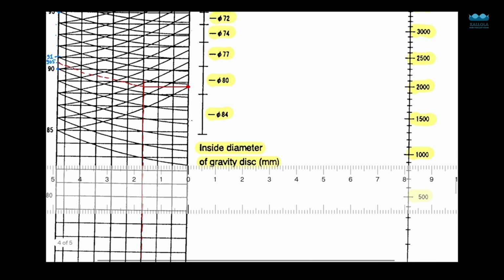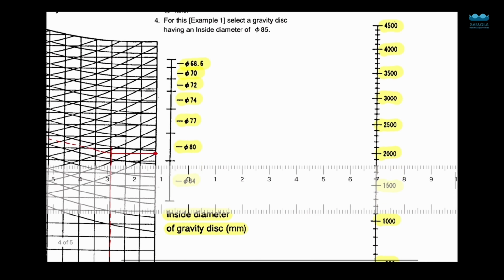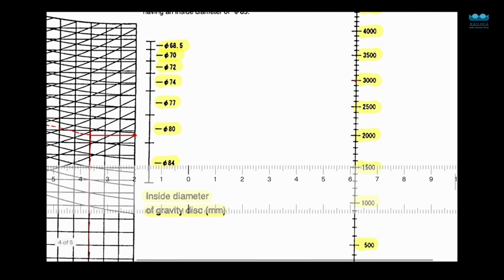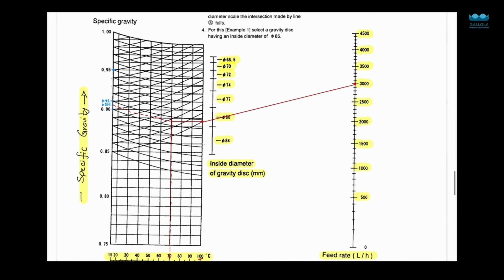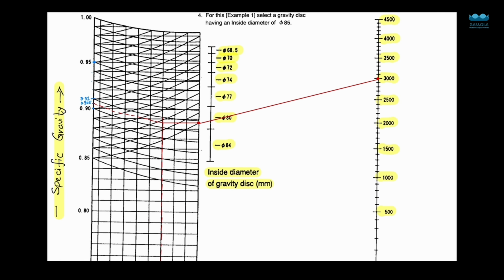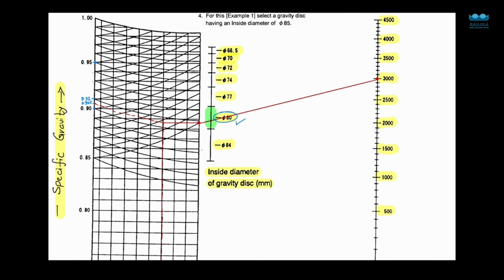And now we will check the feed rate, that is 3000 liters per hour for this one. So we will mark on the feed line 3000 liters per hour, and just put the scale and join these two points. Now the point where this line cuts will give the accurate size of gravity disk which is needed. So suppose the line cuts in this green zone, then we have to use this 80 millimeter inside diameter gravity disk.